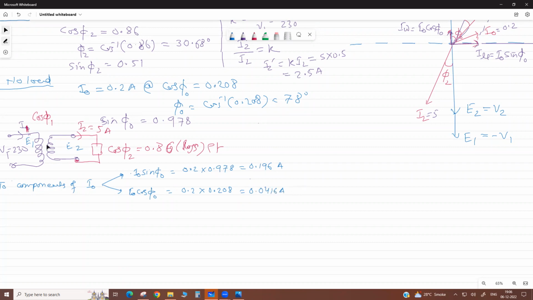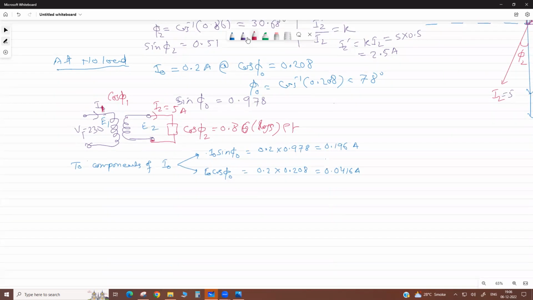Same way we can resolve the two components of I2 dash, horizontal and vertical. We resolve I2 dash also: I2 dash sine phi 2 and I2 dash cos phi 2.